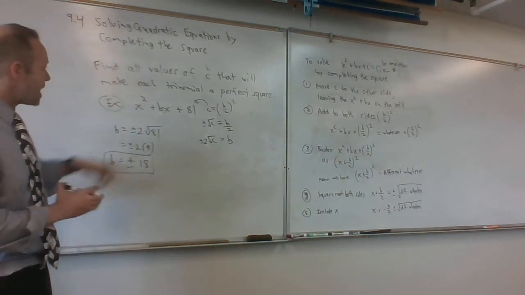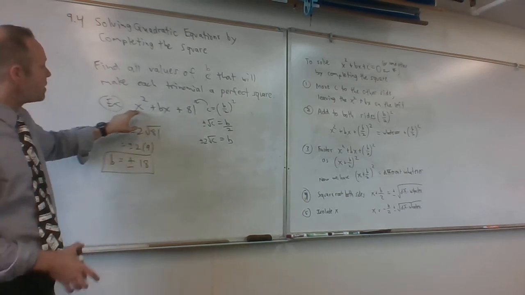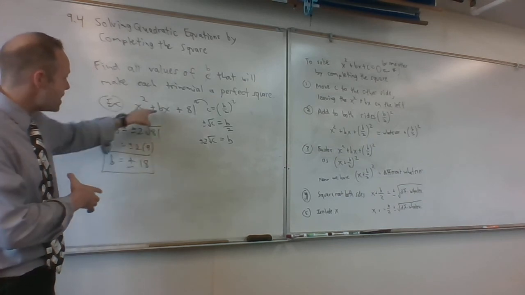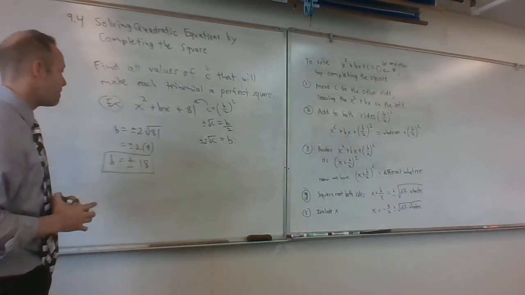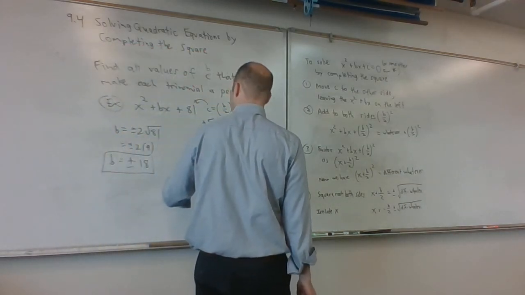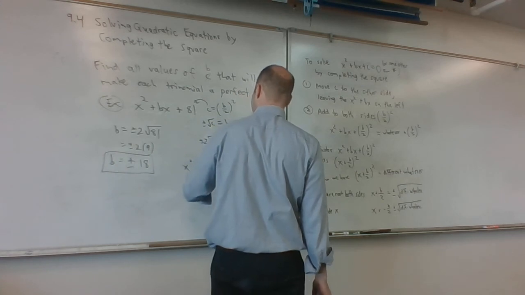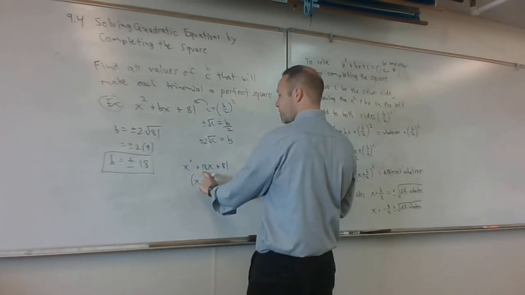So if I had x squared plus 18x plus 81, or x squared minus 18x plus 81, that would be a perfect square pattern. If we had x squared plus 18x plus 81, what would this factor to but x plus half of this, b over 2?